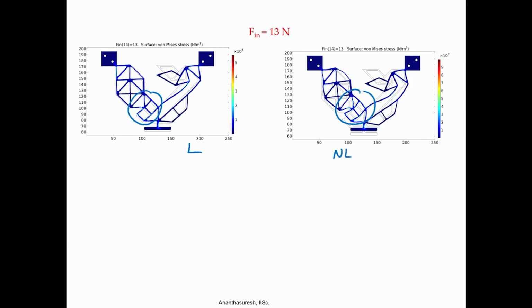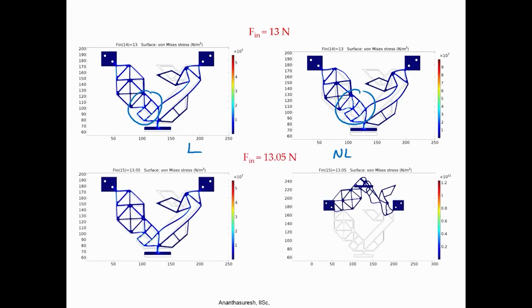And for this particular mechanism, if I go beyond 13 newtons, that is where this dramatic thing happens: linear does not show any catastrophe, whereas here you see this one, instead of coming down, has started going up and it is completely meaningless. But this is exactly what will happen in reality. When I keep applying force, there is some buckling happening.